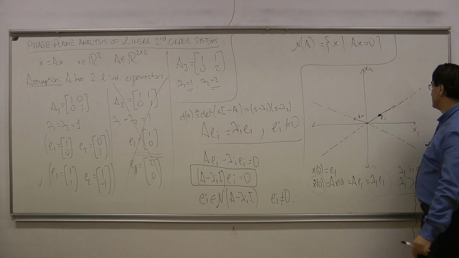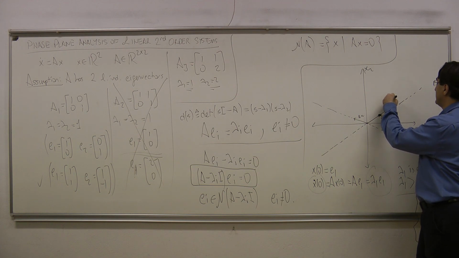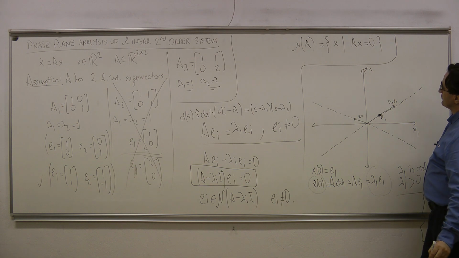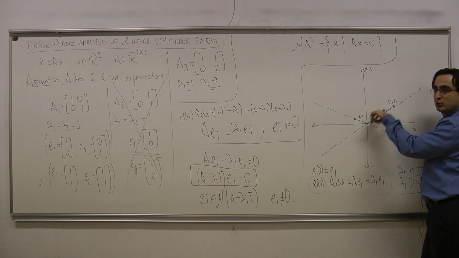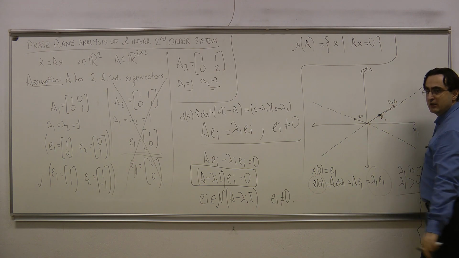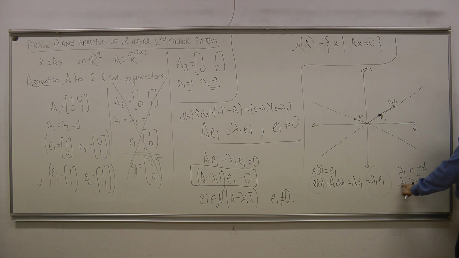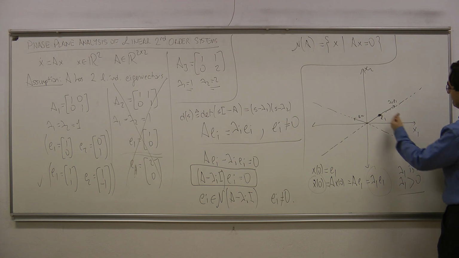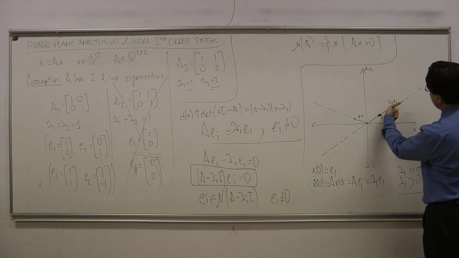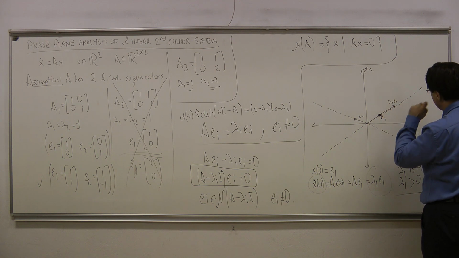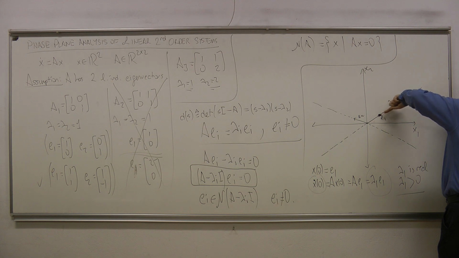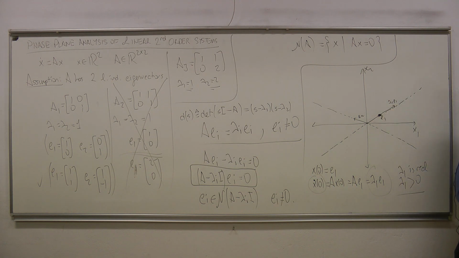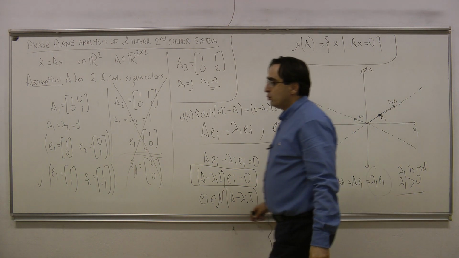Lambda 1 times E1 is going to be my velocity vector when lambda 1 is real and positive. When lambda 1 is real and negative, my velocity would be pointing towards the origin exactly on the same line. I assumed here lambda 1 is real and positive, so my velocity vector is pointing on the same line as the eigenvector. But if the eigenvalue was negative, my velocity would be pointing towards the origin on the same line.